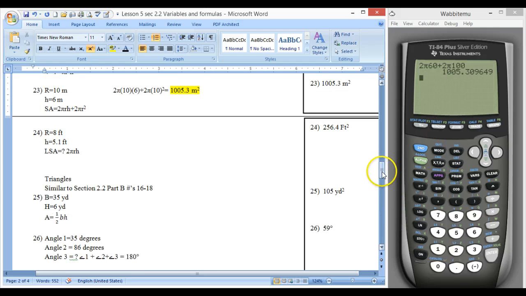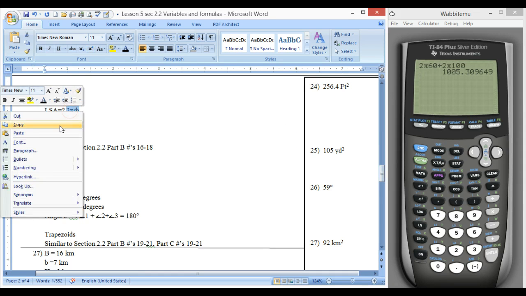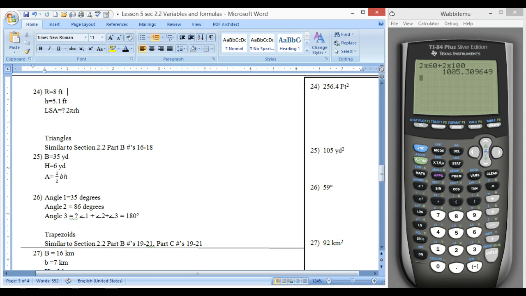Okay, the next example. This one's looking for the lateral surface area. So if it were a can, because this is a cylinder, I would be looking at the label of the can, that part that's covered by the label. So I'm going to copy and paste this up. There we go. And I'm just going to come in here and replace those.